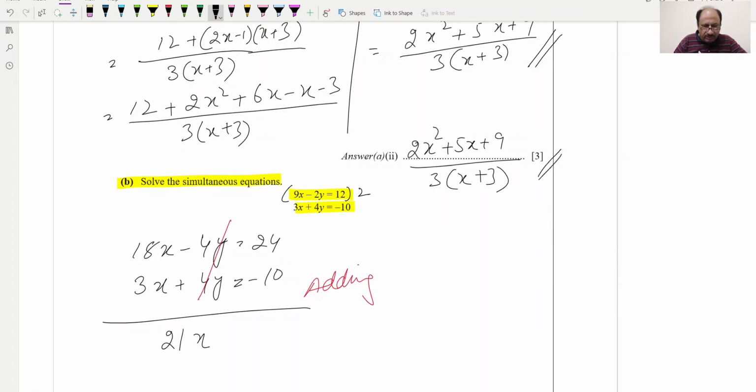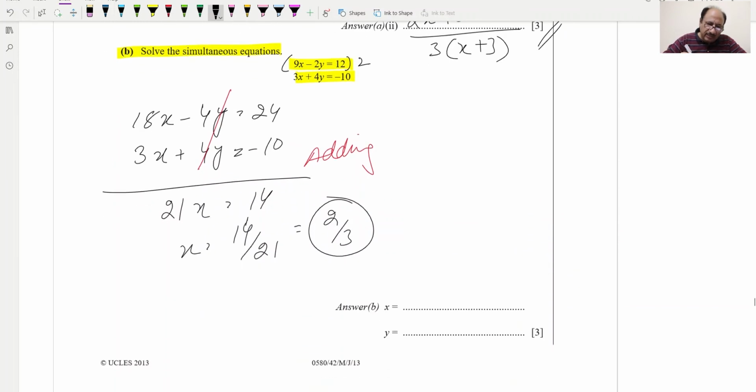So 21x will be equal to 14, so x will be equal to 14 over 21, which is basically equal to 2 over 3. So this is our x value, and we can find the y value by replacing in any of these two equations. I am replacing in the second one.